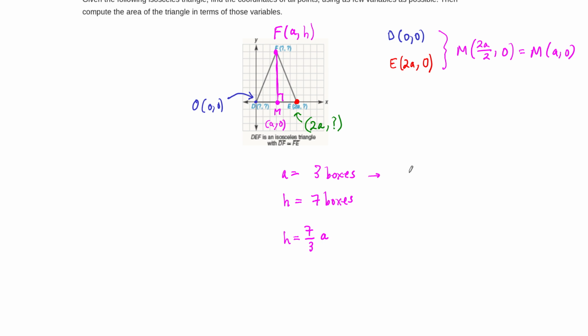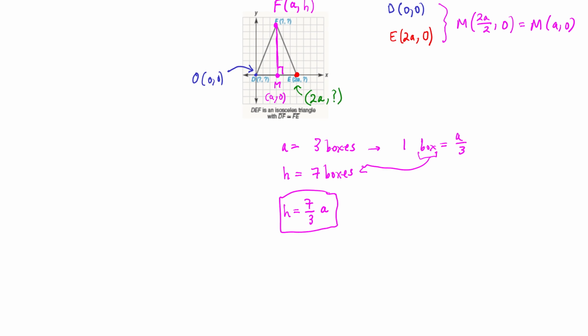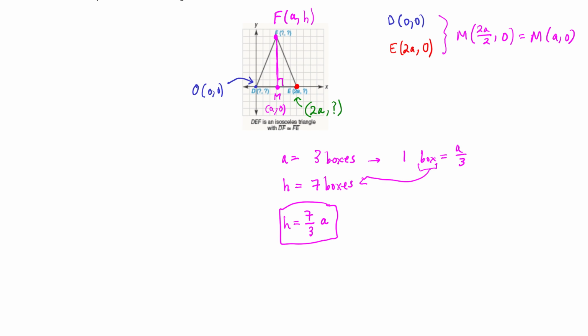So let me just write this down. 1 box is equal to a over 3 by this logic, right? And then just take box and replace it here. And so this becomes 7 times a over 3. H is 7/3 a. All right, so that means that our point F, if we go back over here and write down our final coordinates, the coordinates of F are a and then 7a over 3.